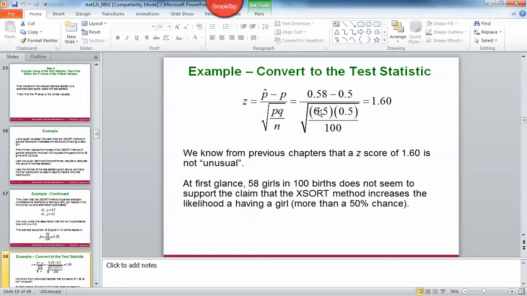So if our p that came from our null hypothesis is 0.5, then our q also has to be 0.5. There were 100 births in the study, so that's where they get all of that. So they get a test statistic of 1.60. Okay? So that's how you find a test statistic. You just plug the numbers in and do the arithmetic.